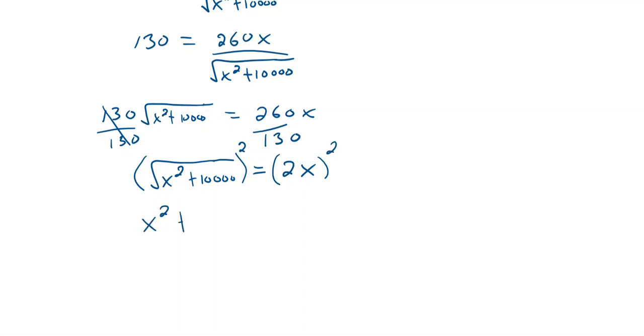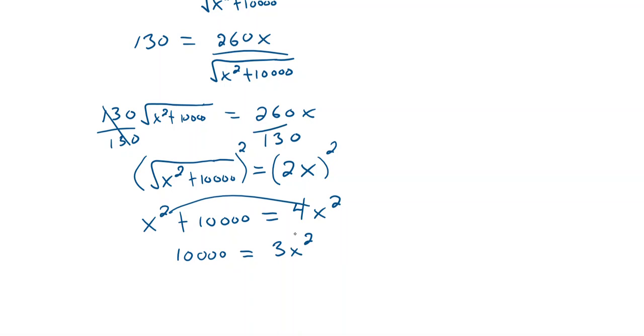So x squared plus 10,000 is equal to 4x squared. Subtract x squared from both sides, or just bring this one over here. 10,000 is equal to 3x squared, just subtracting there, and then divide both sides by 3. So we get, and maybe in the same step here, since it's squared, I'm going to take the square root.